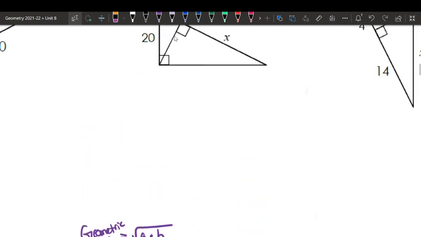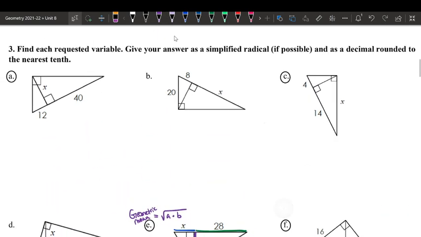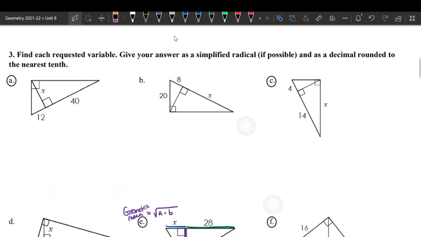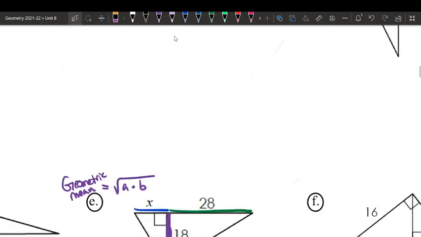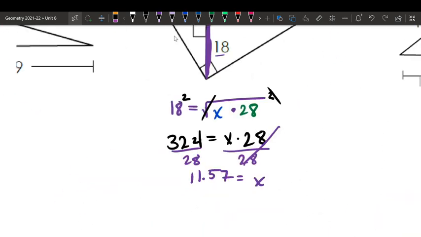Let's see the instructions. The nearest tenth. Oh, and is right. Alright, so rounded to the nearest tenth. So 11.57, so x equals 11.6. And it also could be in fraction form, which would be 81 over 7. So that would be either one of those.